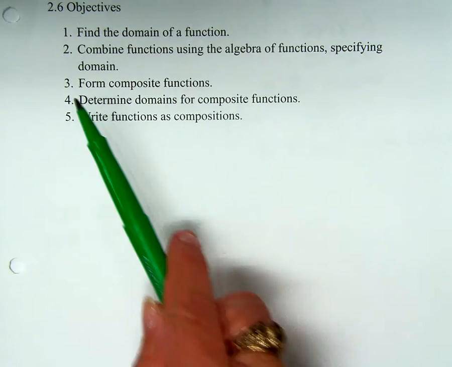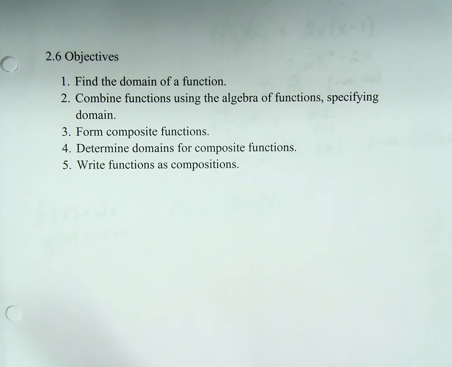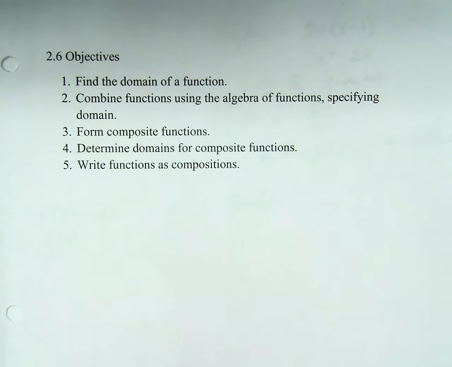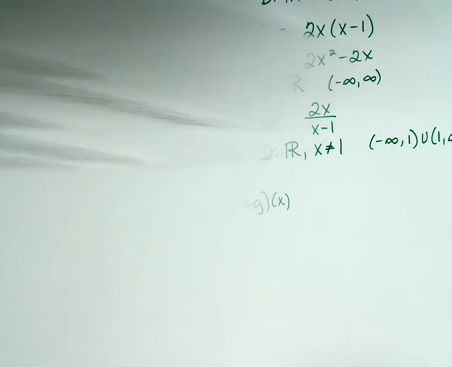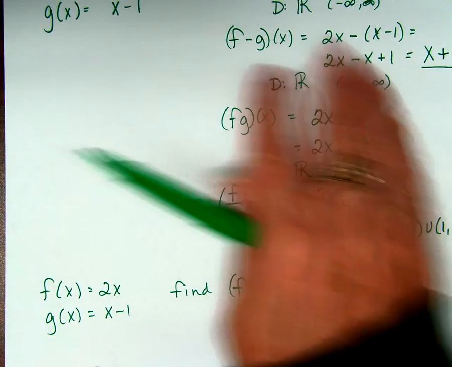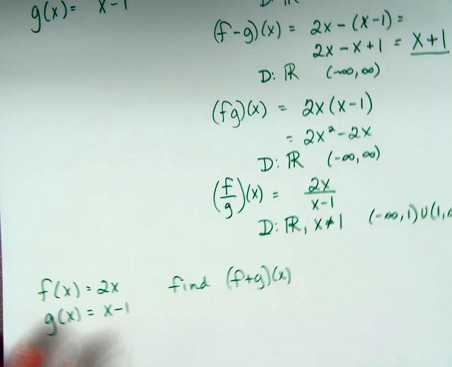Because here's the deal. The next thing on our agenda for our objectives is to form composite functions. Okay? Composition of functions is different than combining functions. Composition of functions has a very specific goal in mind, and we actually don't get to that goal today, but we start with that in mind today.